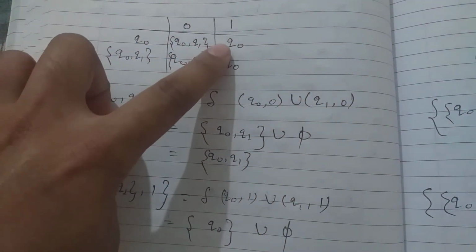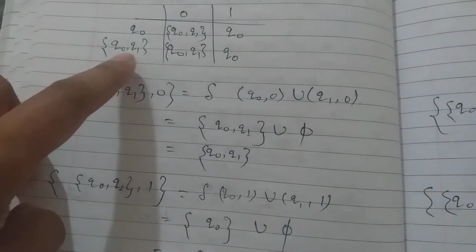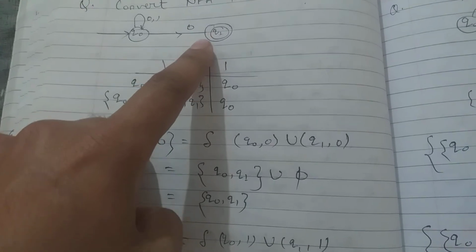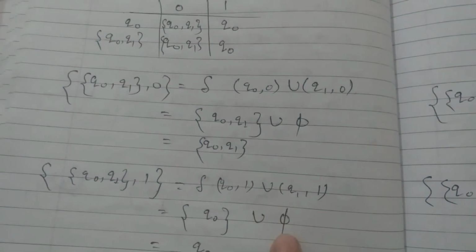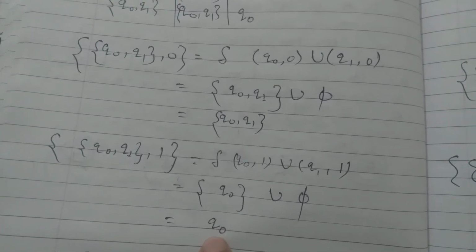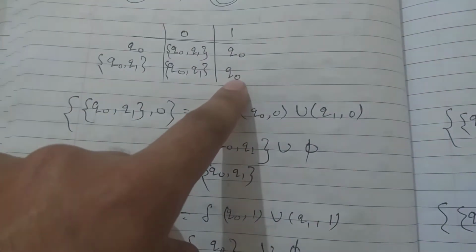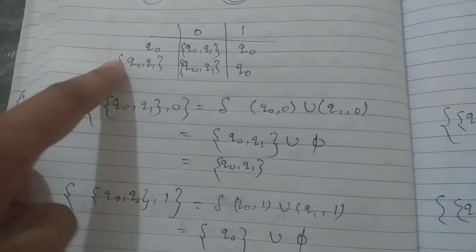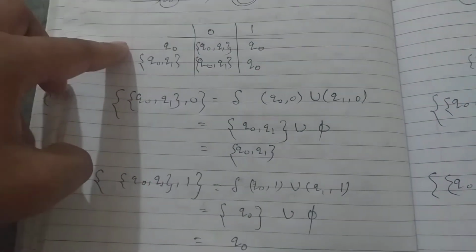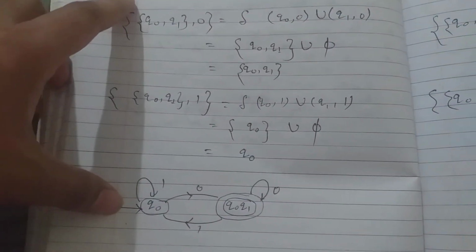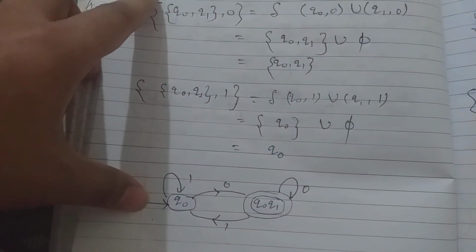And for q1 and 1, there is no transition, that's why we have a null value. So the union of both of these gives q0, and we put the value q0 here. So this is our successor table, and using this successor table we will create an automata which is deterministic.